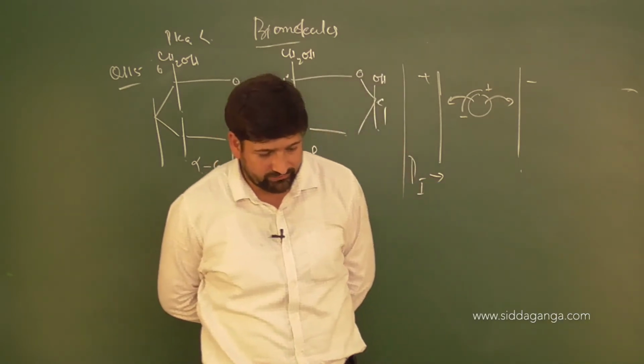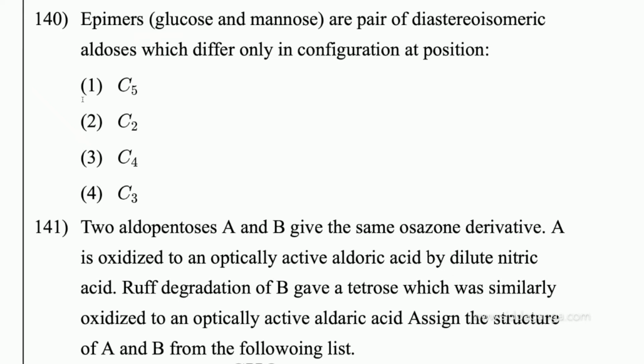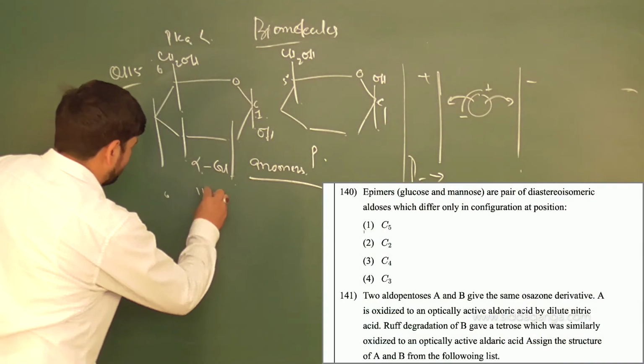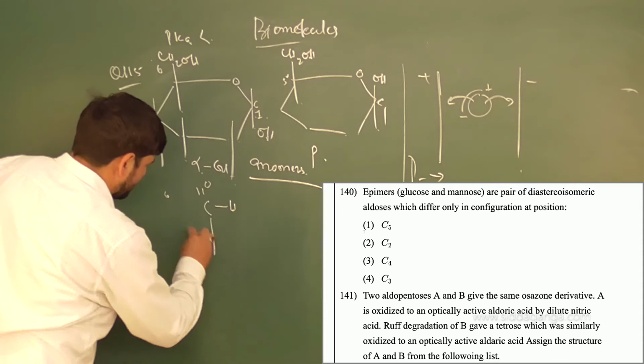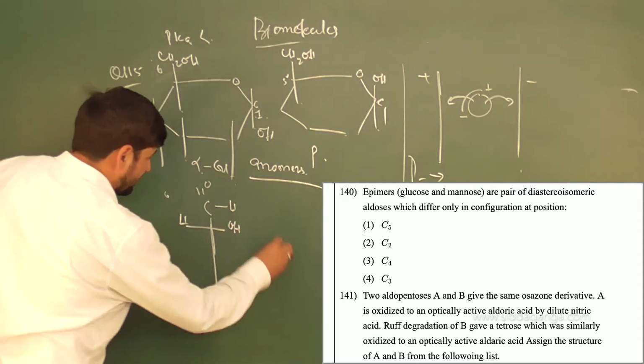Question 140. The question is about epimers: glucose and mannose, because they differ in the relative position of carbon number 2. If you look at glucose, the structure is C double bond OH, then you have OH and H, and then the cyclic chain.